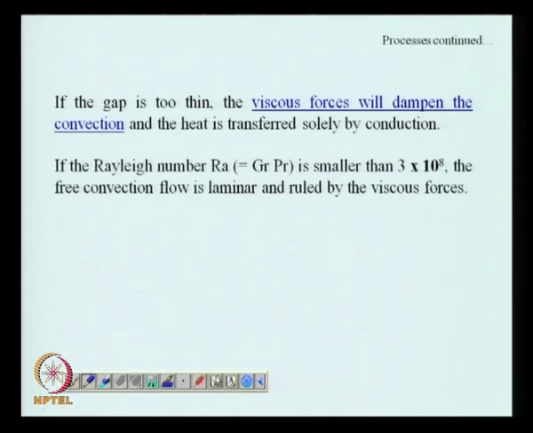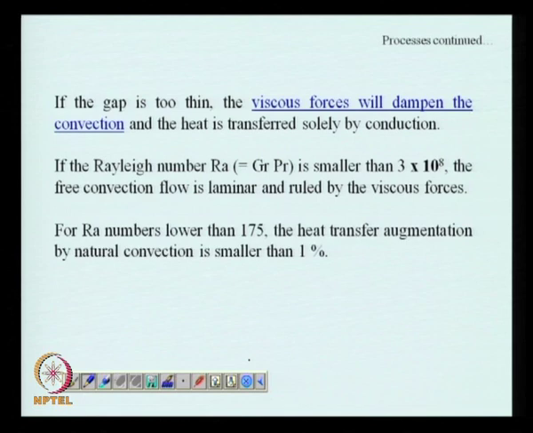So, now if your Grashof number is the buoyancy force by the viscous force, and the gap between two plates is very thin, then any buoyancy driven flow created inside a micro channel will be dampened by viscous forces if the two surfaces are very close to each other.